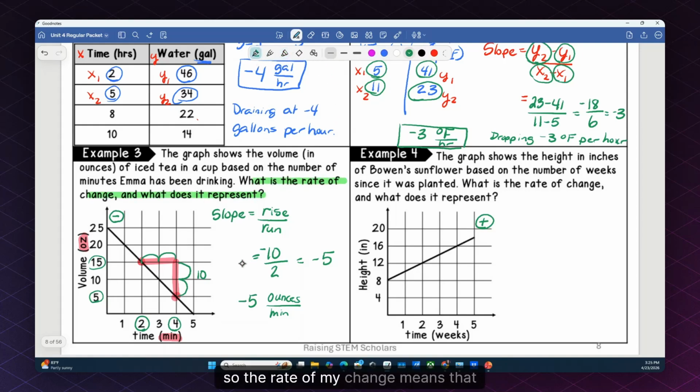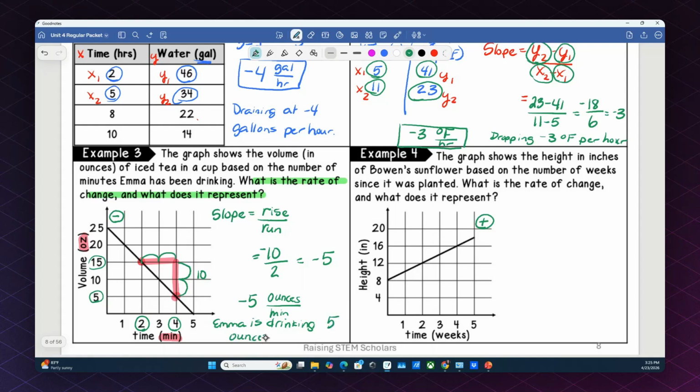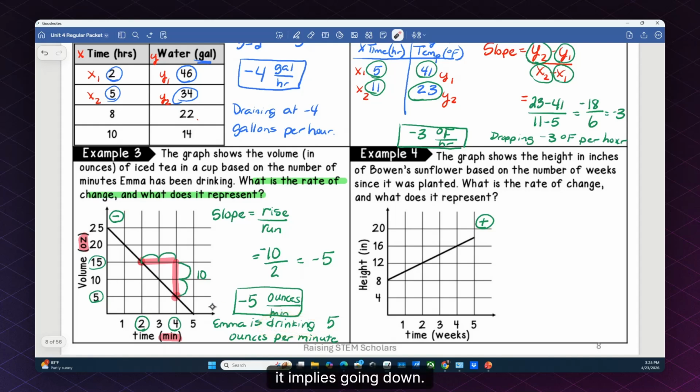Okay, so the rate of change means that Emma is drinking 5 ounces per minute of her iced tea. Okay, so our slope is this. And the drinking, this part implies removal. It implies going down. It implies that negative slope. So this word, you're drinking 5 ounces per minute.